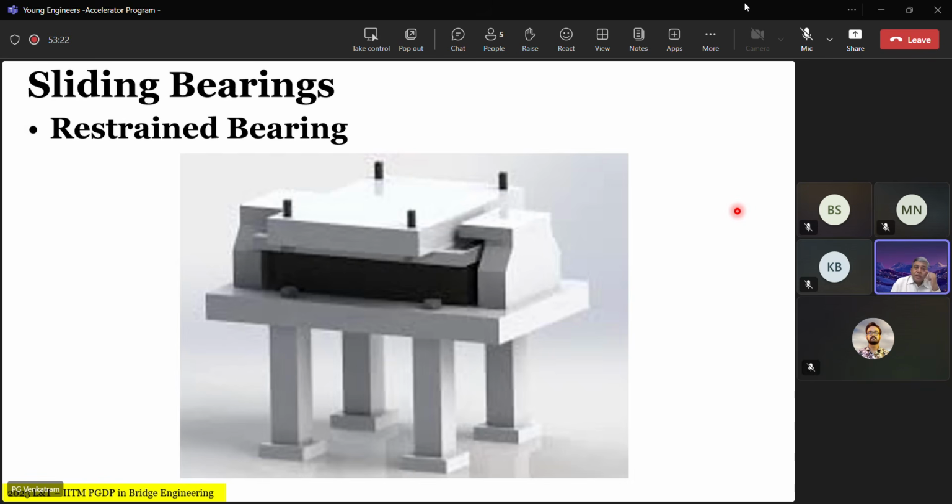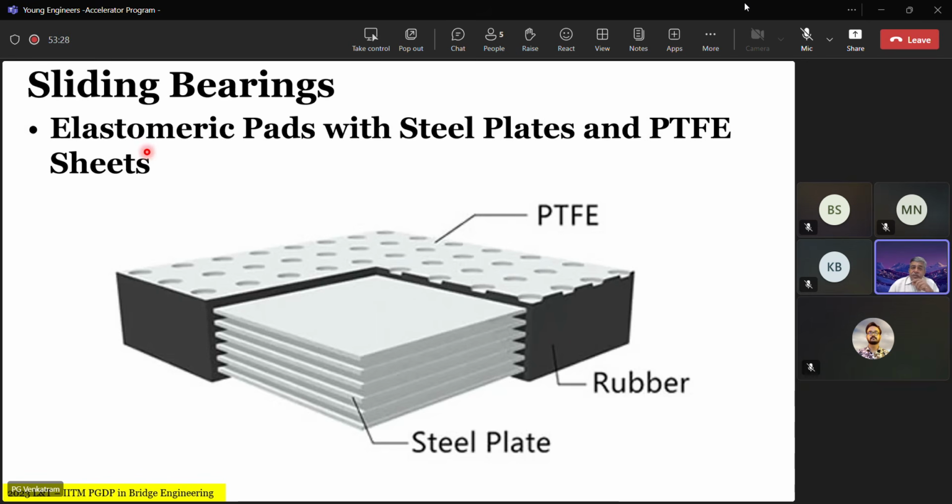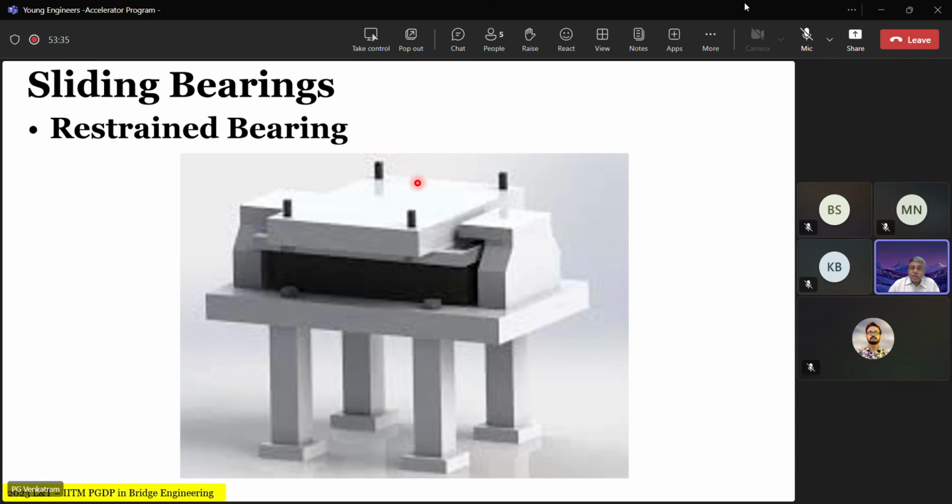Okay. Now, similarly, when you have an elastomeric bearing with movement restriction, here it was a PTFE which allows movement in both directions, but you can have the same elastomeric bearing with restraint. What does this arrangement tell you? It tells you that the superstructure is free to slide in this direction, but is restrained from sliding in this direction.